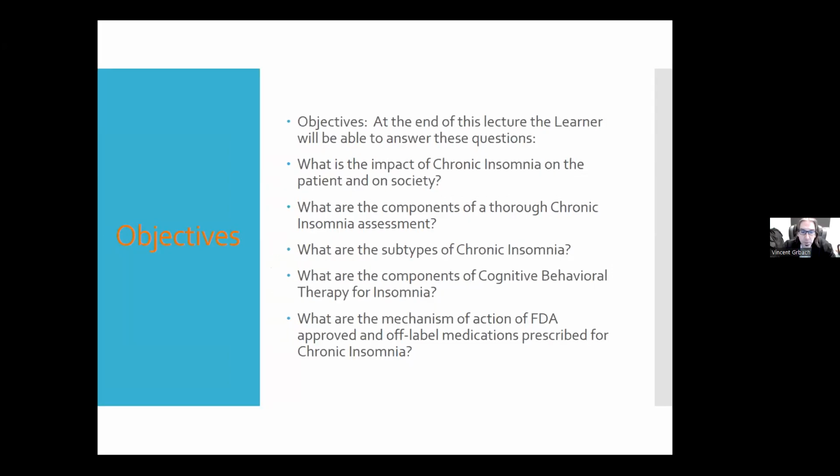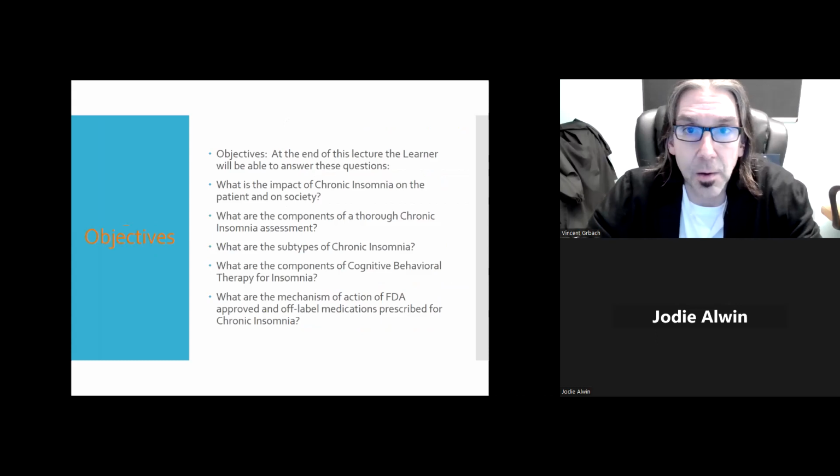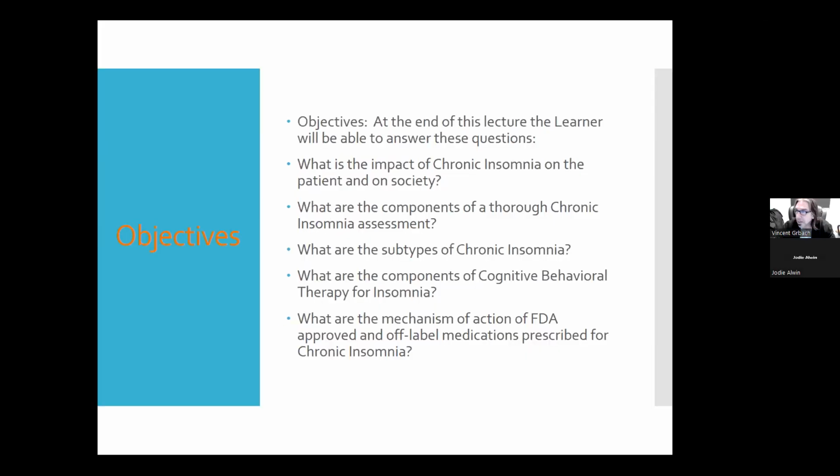We want to go through the definition from the ICSD-3 and talk about the different components of a chronic insomnia assessment, and then look at the components of cognitive behavioral therapy briefly. And then I want to spend a good amount of time on the actual pharmacotherapy for chronic insomnia, because that's something I'm really passionate about, something I really enjoy.